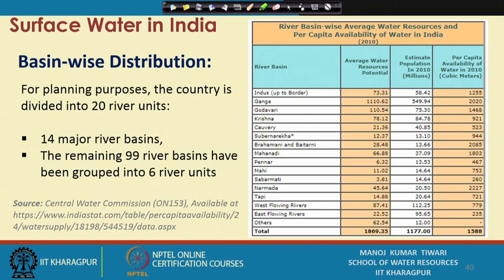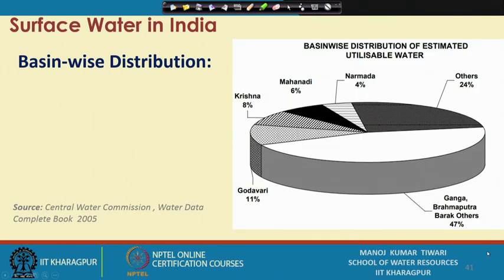The west flowing rivers feed around 112 million people. Okay. And Krishna and Godavari are the other major ones which combined cater to some 160 million people in that range. So, this is about the distribution basin wise.